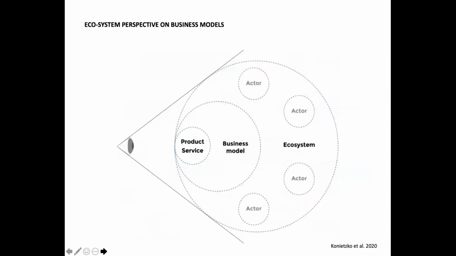And what's important and what's the focus of my short presentation today is the ecosystem thinking. So each business model has a product or service, which is the core, the value proposition you want to bring to the market.